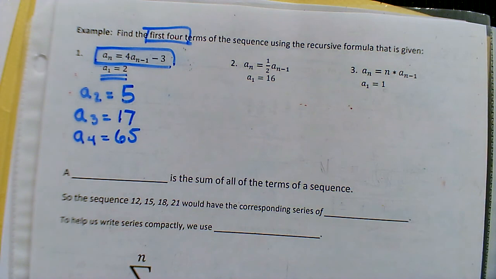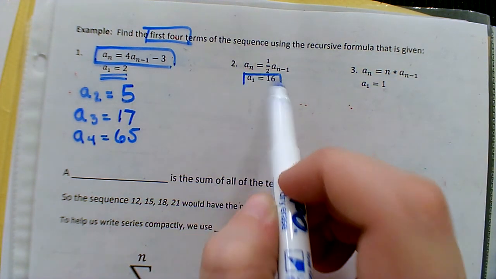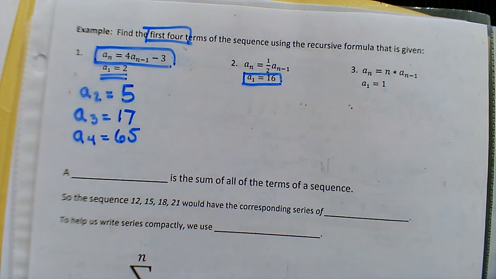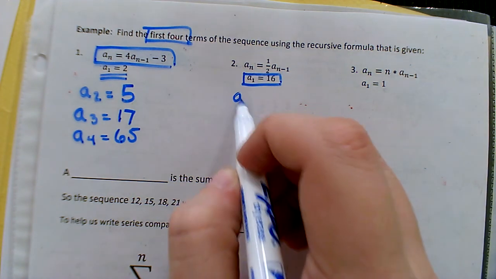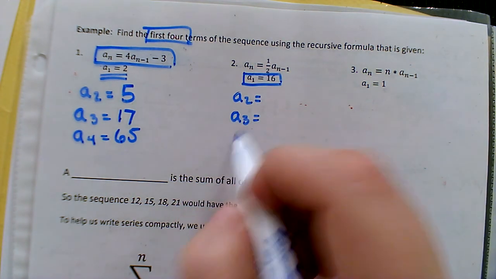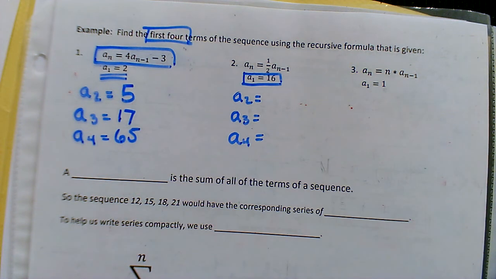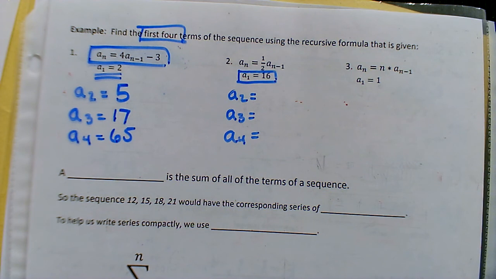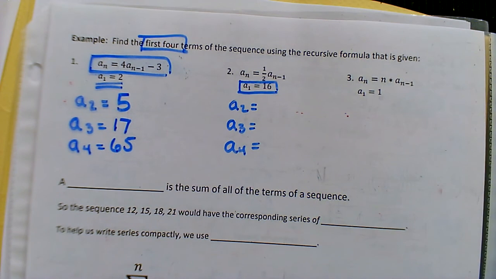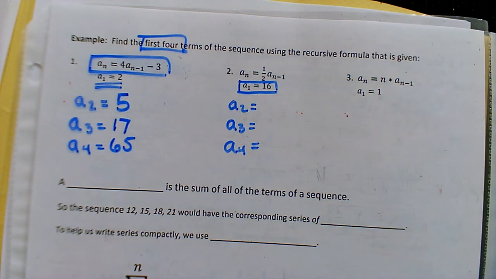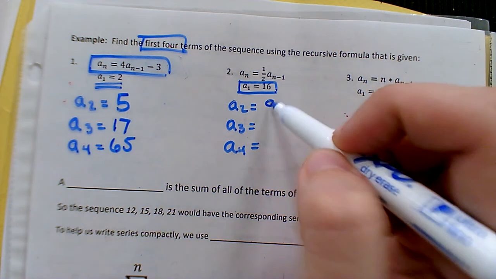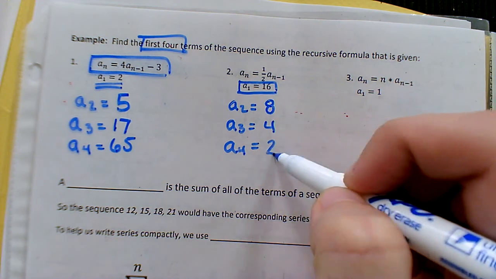Do you guys think you can do the second one? They give you the first term and the recursive rule. Notice how it involves a previous term. You guys get 8, 4, and 2?